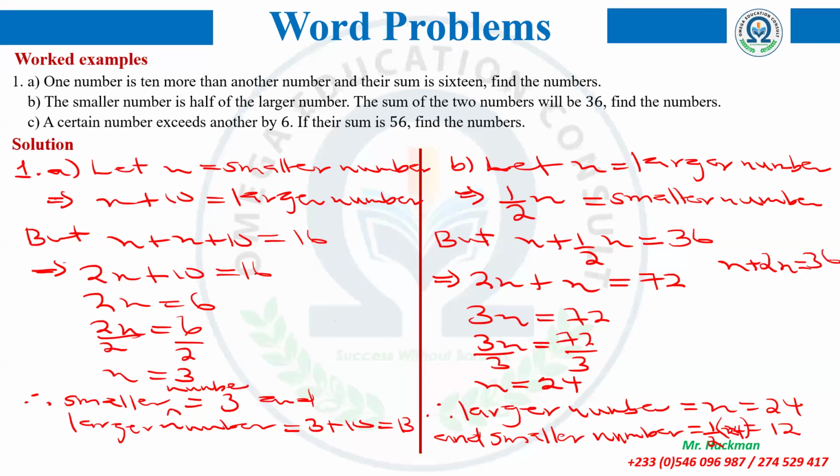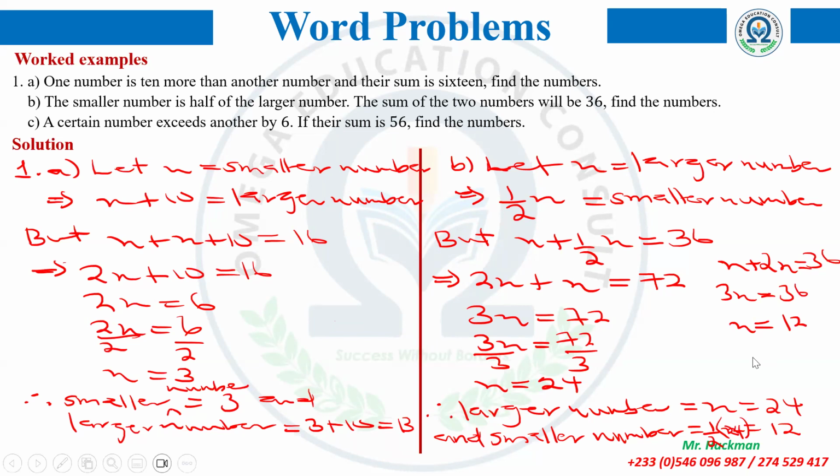So I'm going to get 3x is equal to 36. If I solve, I will get x to be equal to 12. Now you can see that this time around, the x is for the smaller one, is that not it?